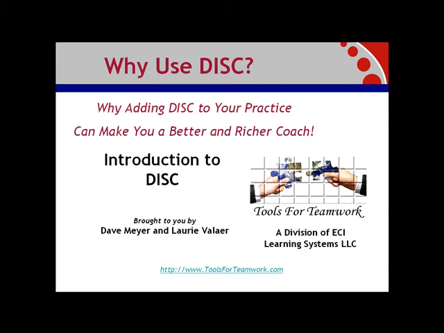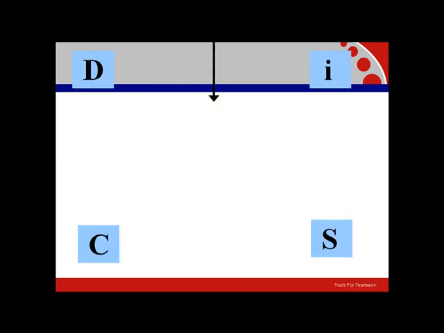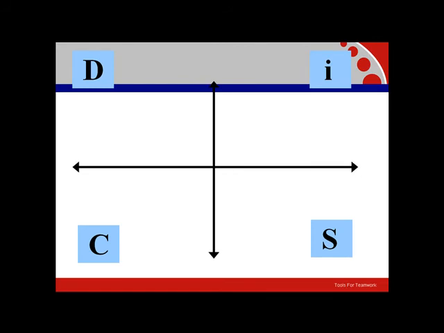Today we're going to do an introduction to DiSC, the basic concepts that lay behind the model, to help you understand those things. So this is the basic DiSC coaching model. It's a simple 4-quadrant model, and the theories behind DiSC say that some people tend to be more active, more outgoing, more intense than other people around them.